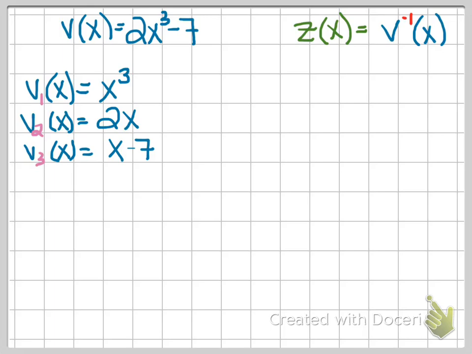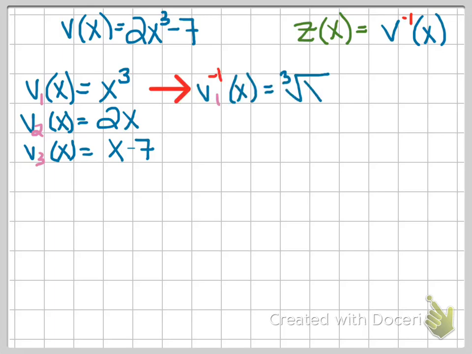Well, that makes sense. A number cubed, then doubled, take away 7. The 3 steps of my function are written as 3 separate operations. So let's see if I can figure out what the pieces of those inverses are.